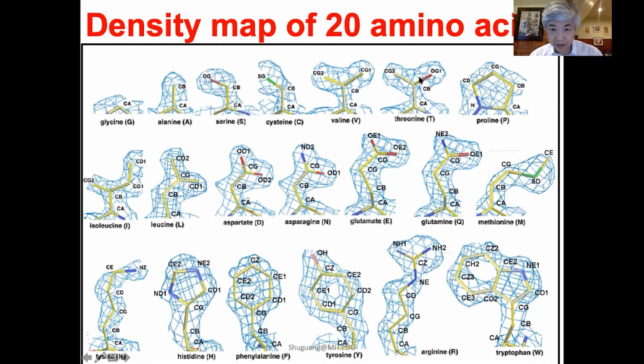These two amino acids here: one is valine, totally water insoluble, and the other is serine, which is water soluble. If you look at the density map here, they're nearly identical. That is one pair. The other pair is leucine, which is water insoluble, and aspartic acid. Look at the density map. Again, it's very similar.